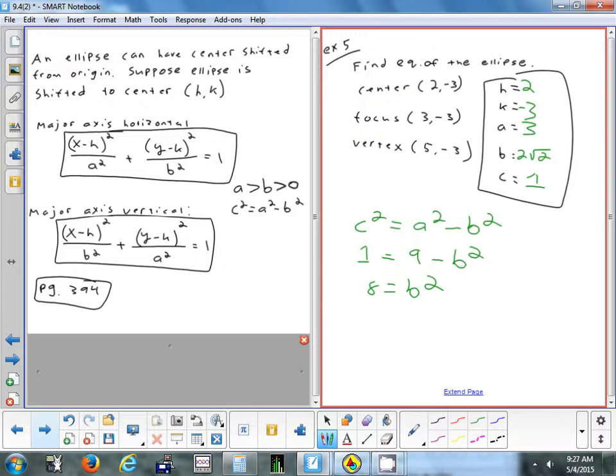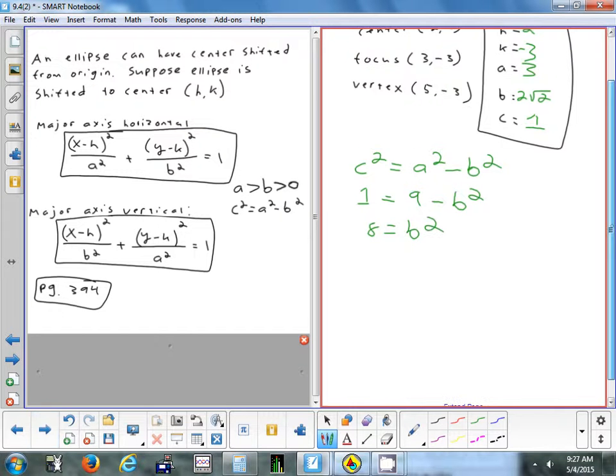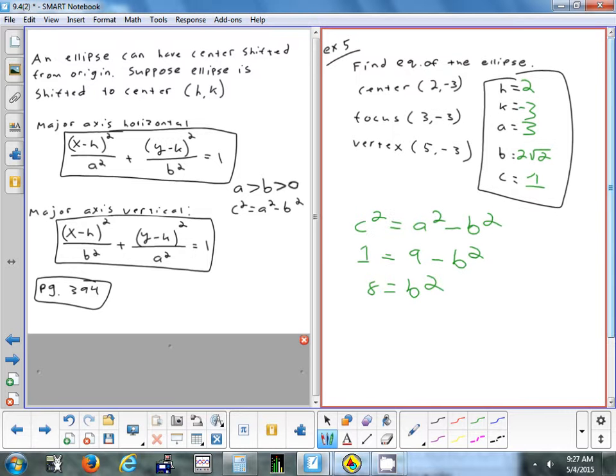Okay, so now we're going to write our equation. If you're having trouble deciding where should I put the bigger number, should it go under x? Should it go under y? Graph the focus, graph the vertex. Do they line up horizontal or do they line up vertical? We're going to go for the focus, that's right 3, down 3.